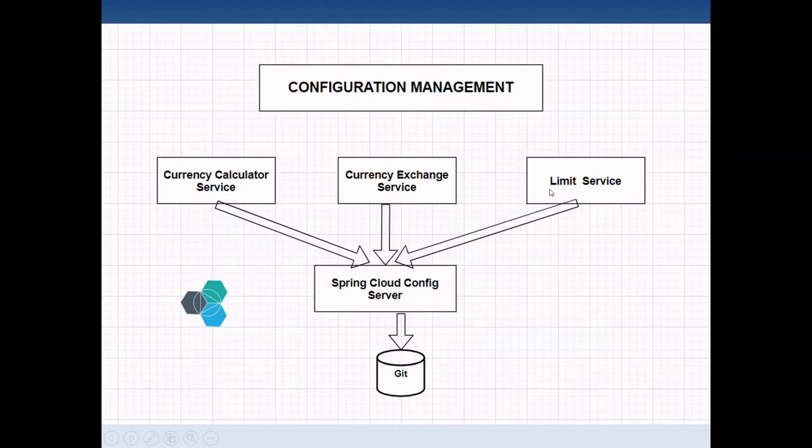For example, the limits service can be deployed to the QA environment, dev environment, stage environment, DR environment and production environment. Whatever the limits service asks of the Spring Cloud Config server, it will look for that environment's configuration in the Git repository, take it out and forward it to the respective microservices.